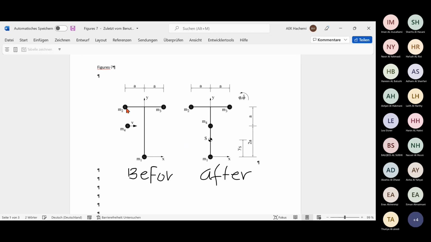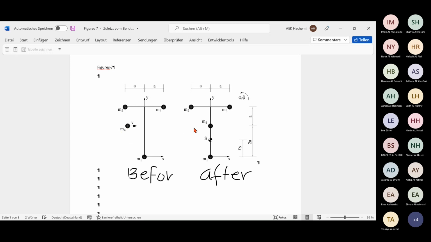That means here we have the masses M2, M3, and M1 at rest, okay? And M4 has the velocity V.